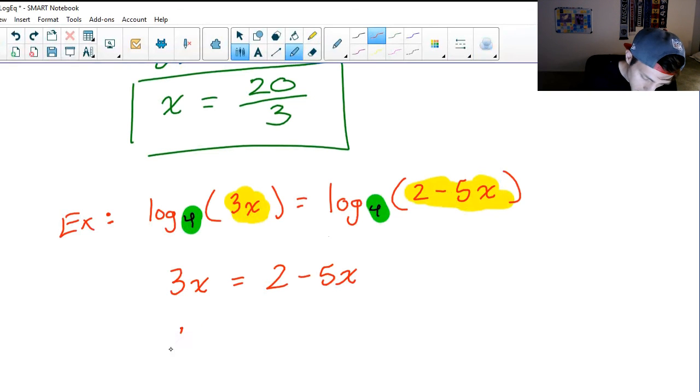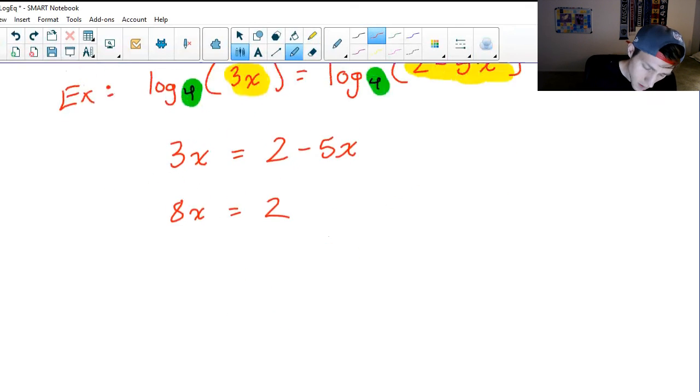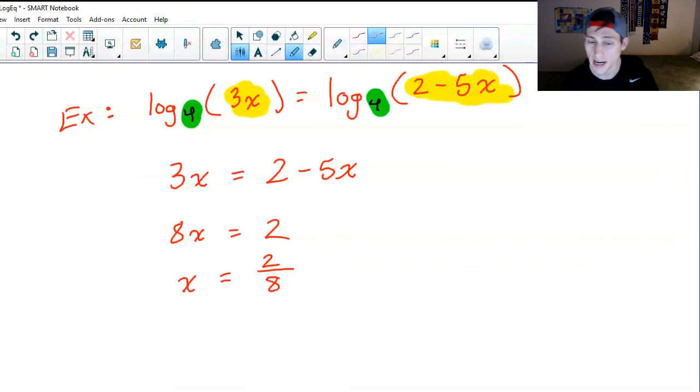Add 5x to both sides. 8x equals 2. Divide both sides by 8. X equals 2/8. Of course, if we can simplify a fraction, we want to do it.